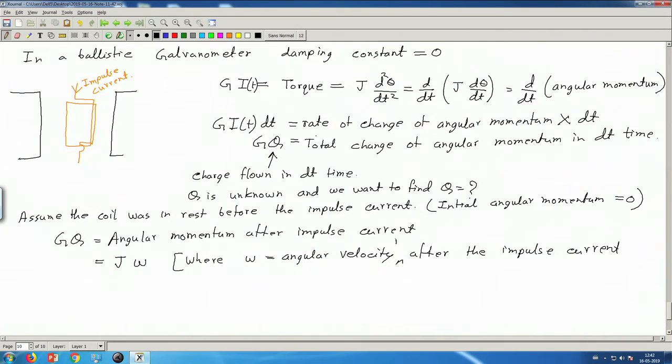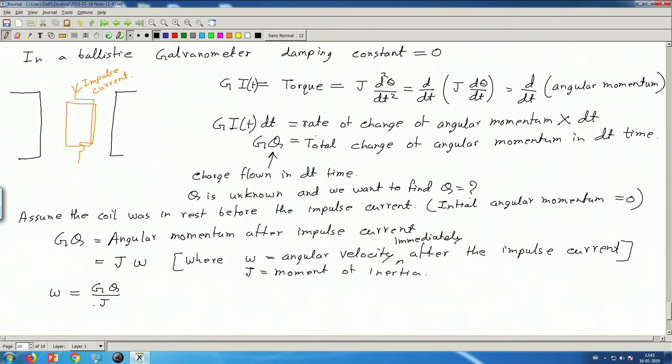And J is of course the moment of inertia. So therefore, we can find the velocity omega immediately after this current has flown as GQ by J.